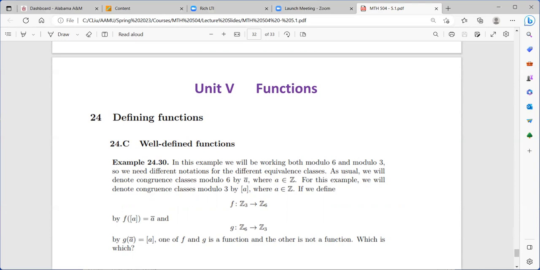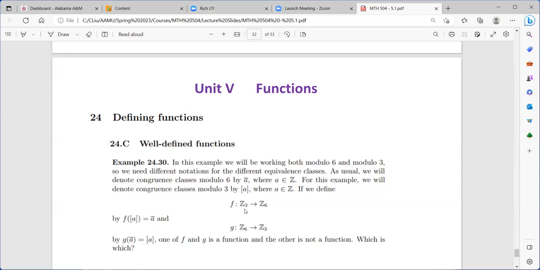So we have two congruence classes, one with modulus 6 and the other with modulus 3.